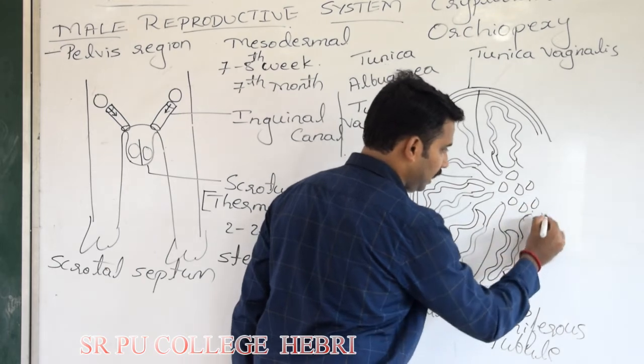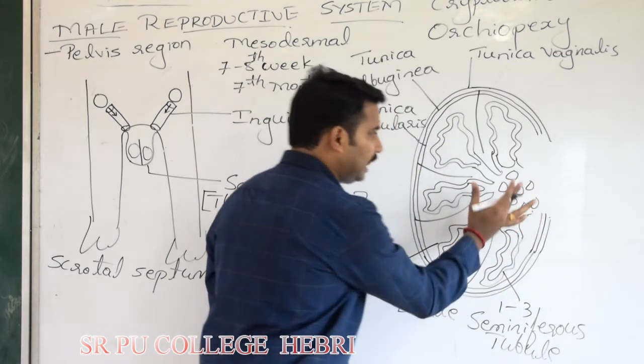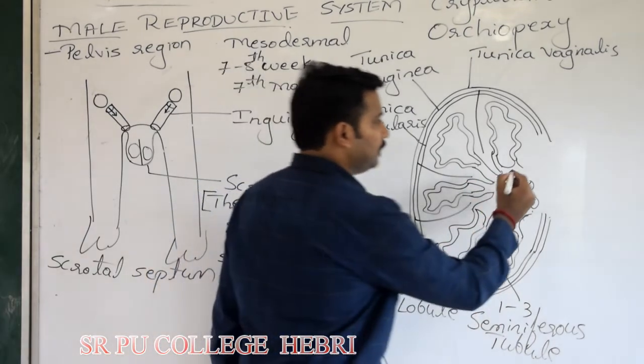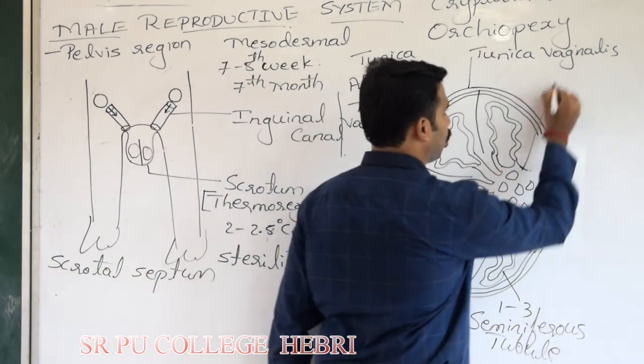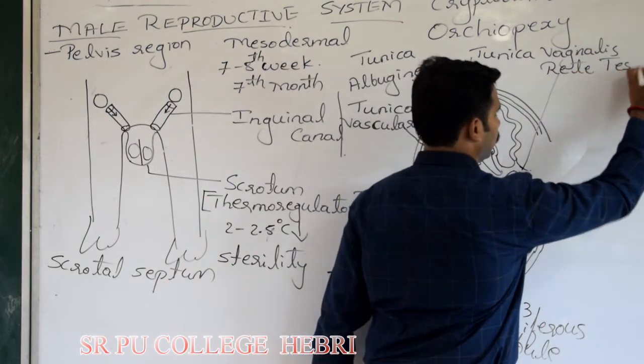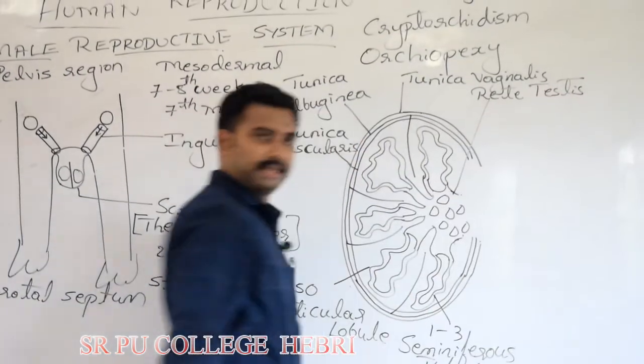Hope it is visible. A branched network of vessels. This network of vessels is called rete testis. What is that called? Rete testis.